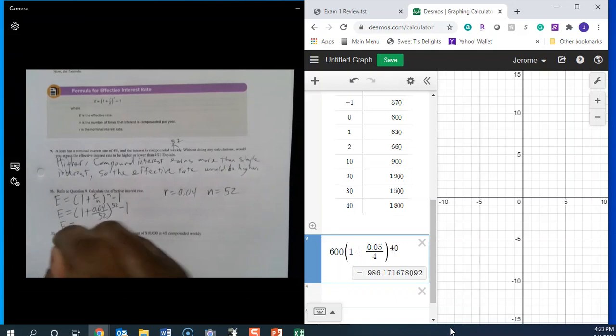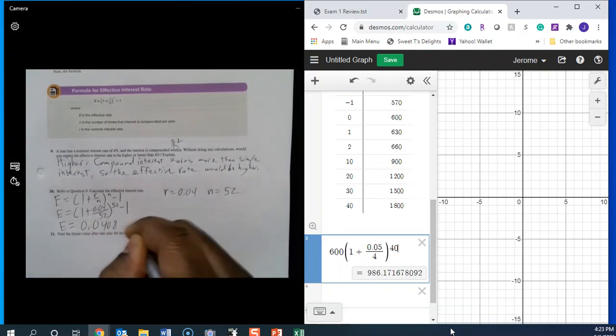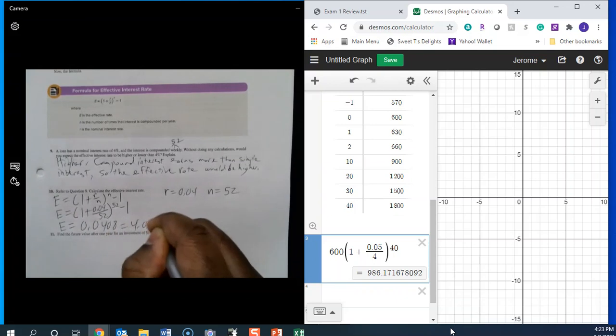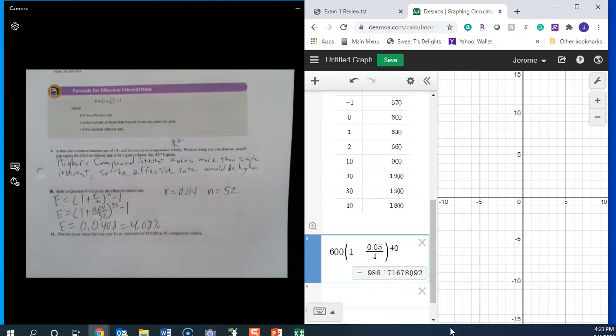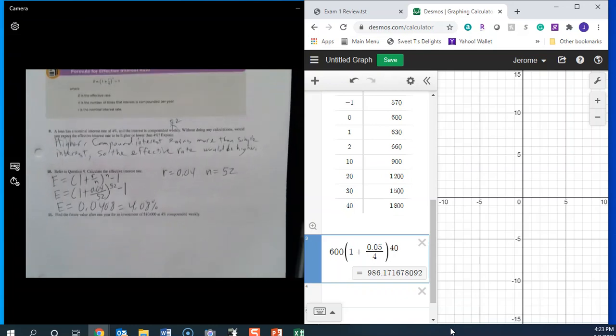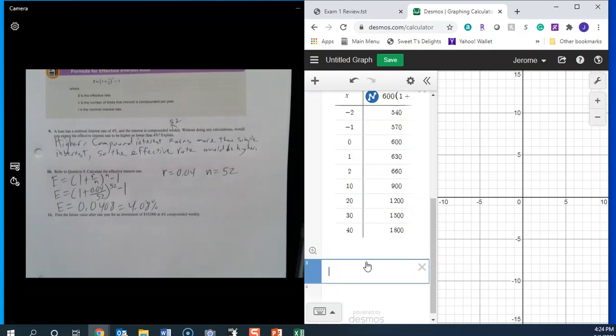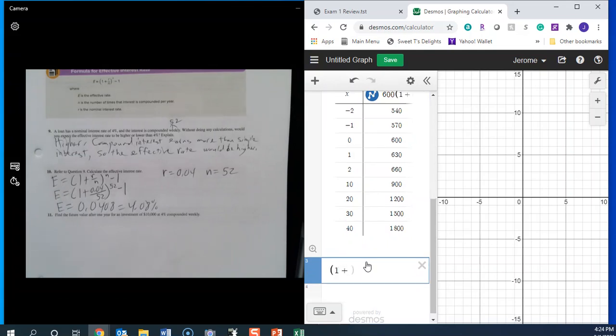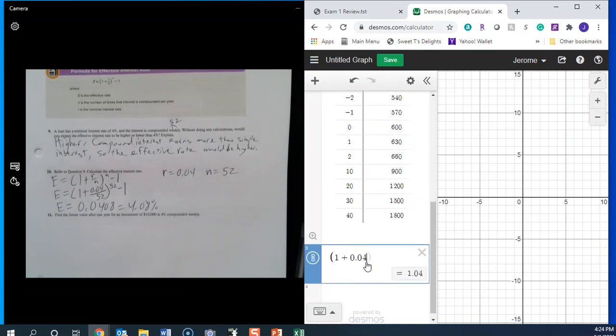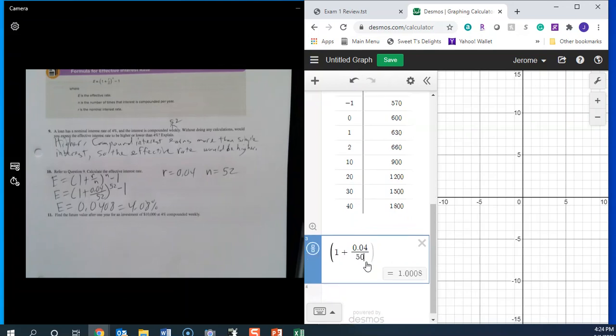Now when you put this in your calculator, it'll give you 0.0408, which is 4.08%. If you want to see that, let me put it in the calculator. Some people need to see that, which is good. So we'll do parenthesis 1 plus 0.04 divided by 52.